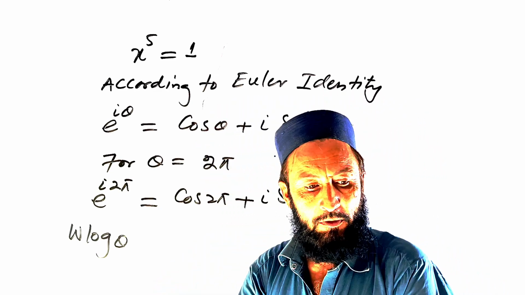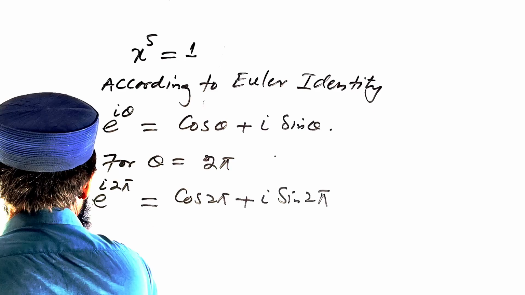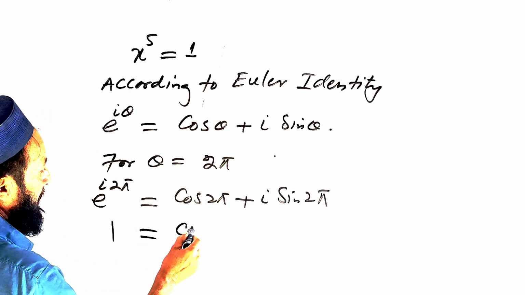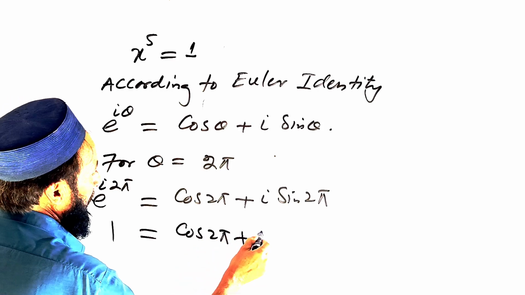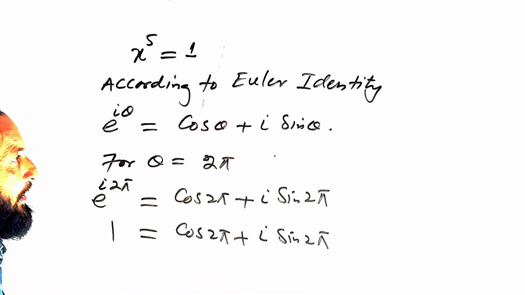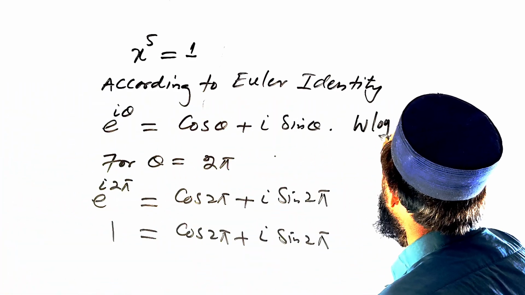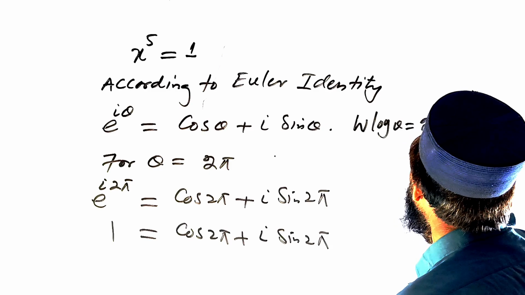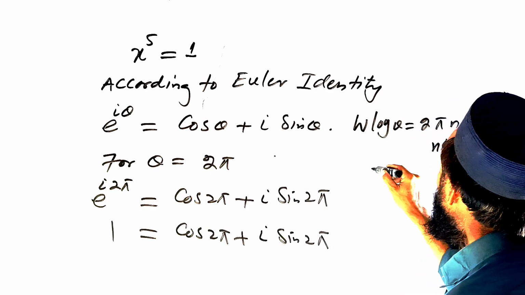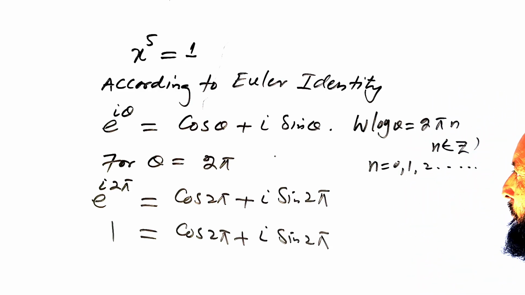So the result here is that 1 is equal to cos 2 pi plus iota sin 2 pi. According to the general form, theta is equal to 2 pi n, for n belonging to the positive integers, with n equal to 0, 1, 2 and so on.